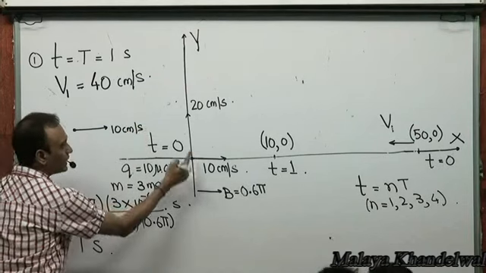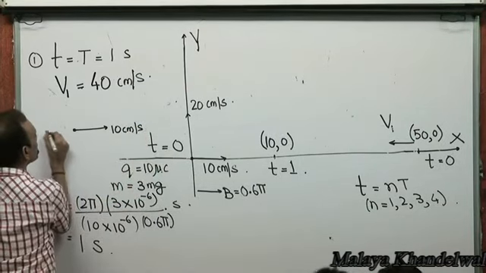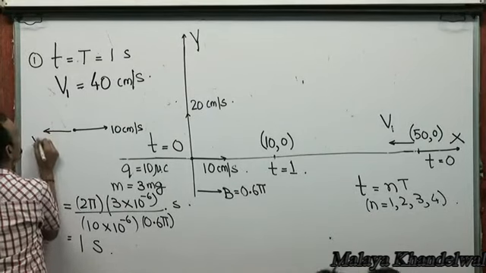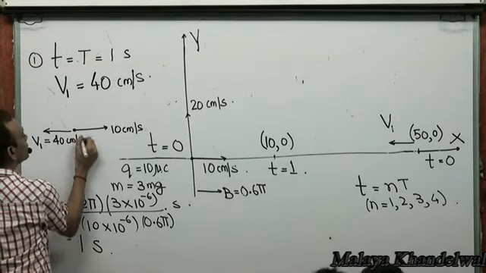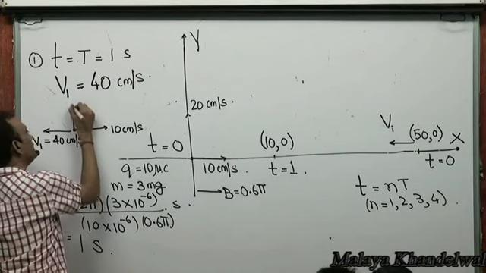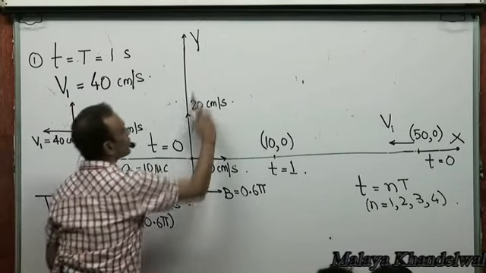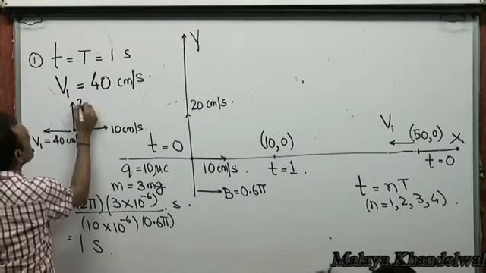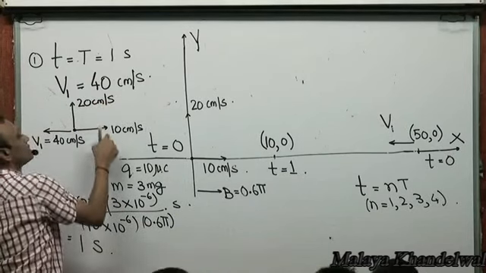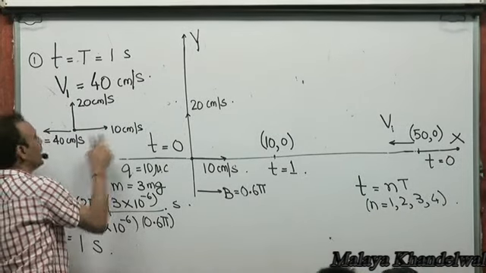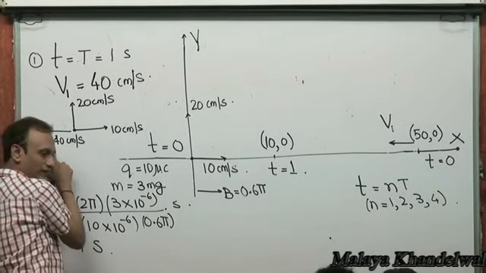This is particle 1, right? And that's particle 2. Particle 2 has a velocity V1 equal to 40 centimeters per second. Right? Particle 1 in addition has an upward velocity which is 20 centimeters per second at the instant of collision. These are the velocity states of particle 1 and this is the velocity state of particle 2 at the instant of collision.